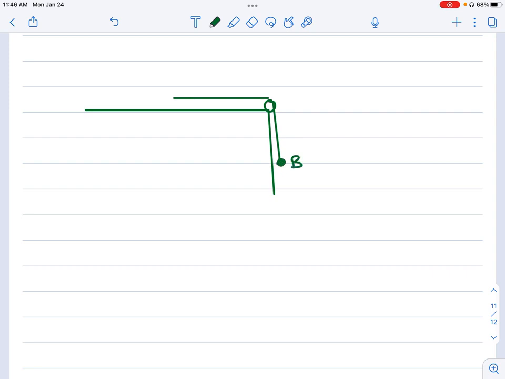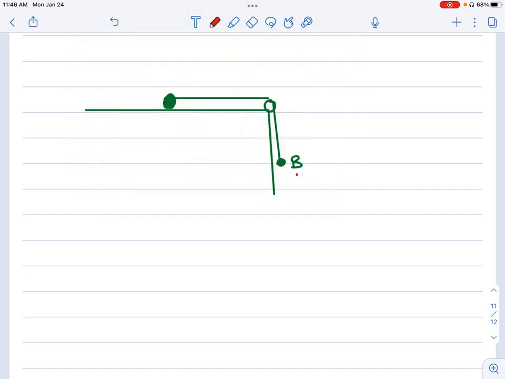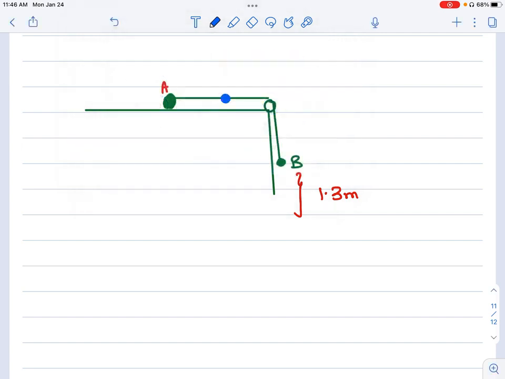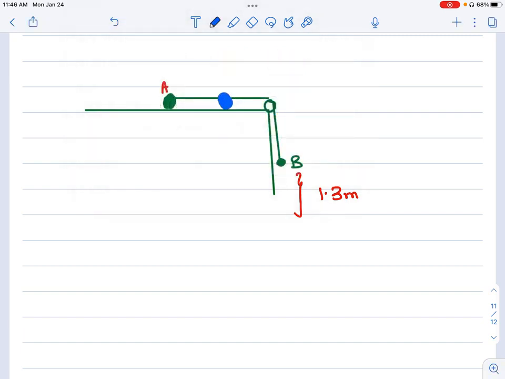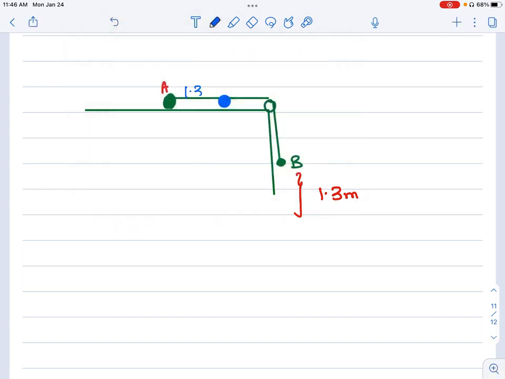This is A. Now B falls 1.3 meters, so A also comes up to here. I can draw it much bigger. A comes up to here, and this is also 1.3 meters.